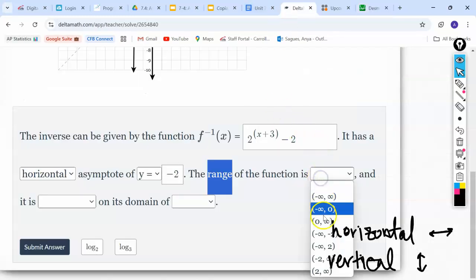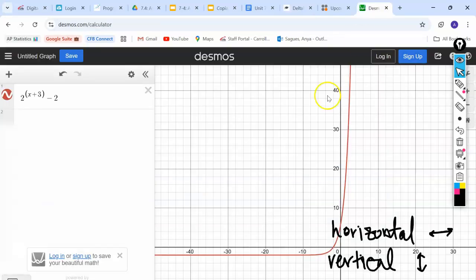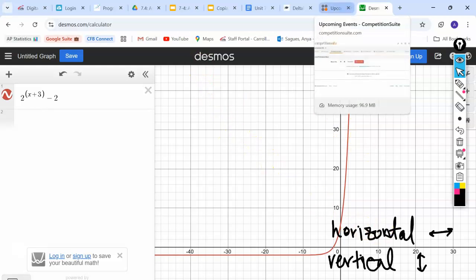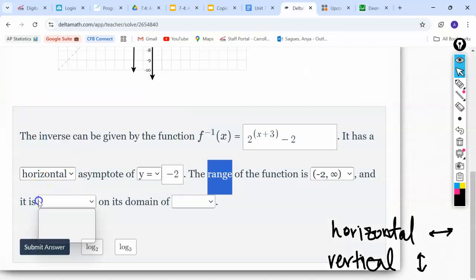So here I would go from -2 to infinity. And then if the graph is increasing or decreasing. So when I'm looking at the shape of the graph, does it look like it starts from low and goes high, or that it starts from up high and goes low? Is it increasing or decreasing? Now here, if I'm going from left to right, it is going up. So I would say that it is increasing.